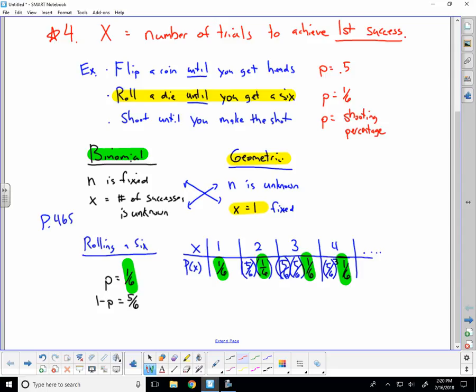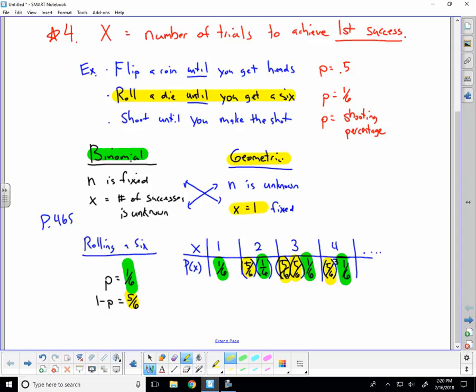So if this were some other probability, this 5/6 would just be 1 minus the p-value. And we notice that it also occurs 2 times, then 3 times, and so on. And up here, our value x could be 1, 2, 3, 4, and it could just continue on.